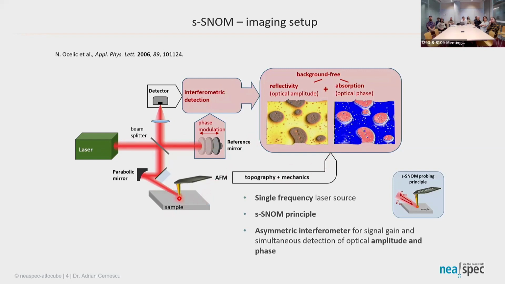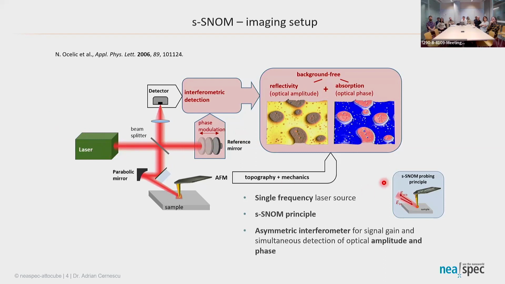So when you are scanning the sample pixel by pixel, you get, in this case, this reflectivity map and the absorption map. This is a polymer blend, so you see the contrast very nicely. And this contrast depends, of course, on the wavelength or frequency of the infrared laser.